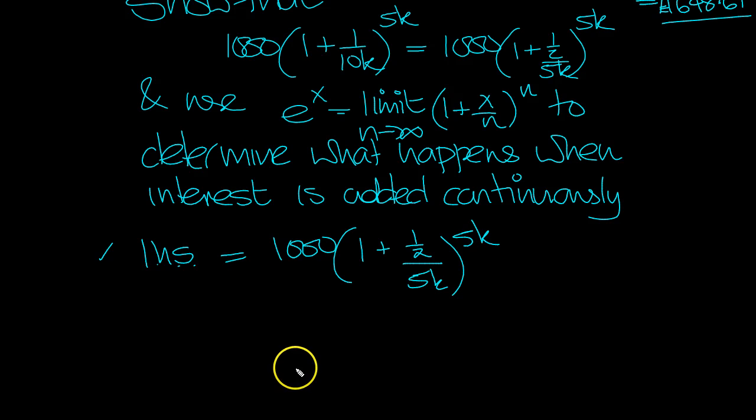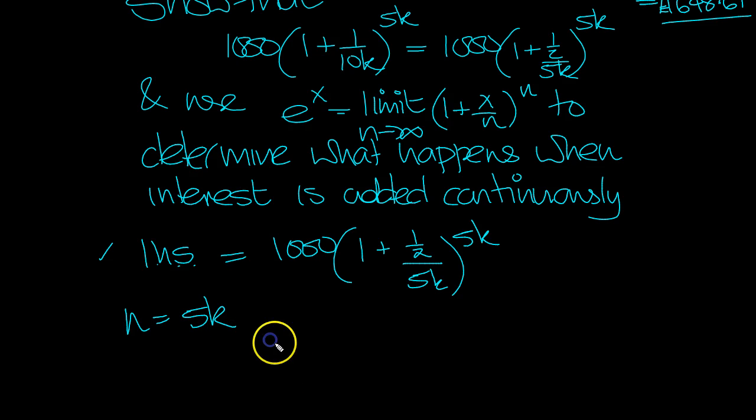So the limit as this tends to infinity, we've got 5k here. N and n, there's n and n, isn't it? So let n equal 5k.